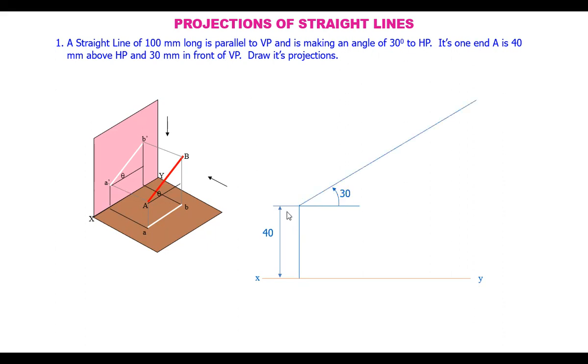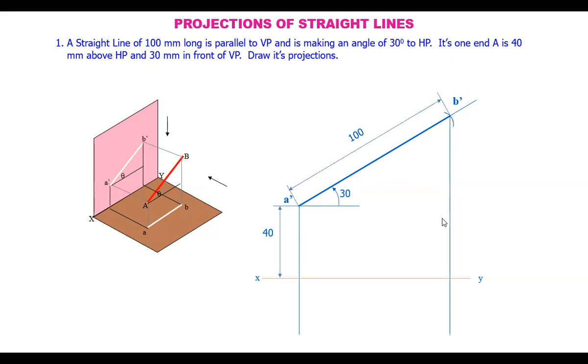We call this point one end, A dash. From here, we draw a line at 30 degrees angle, because this 30 degrees angle is seen in the front view. In the front view, we see the true length of the line, that is 100 mm. This A dash, B dash is the 100 mm line, and the point B dash is marked here.